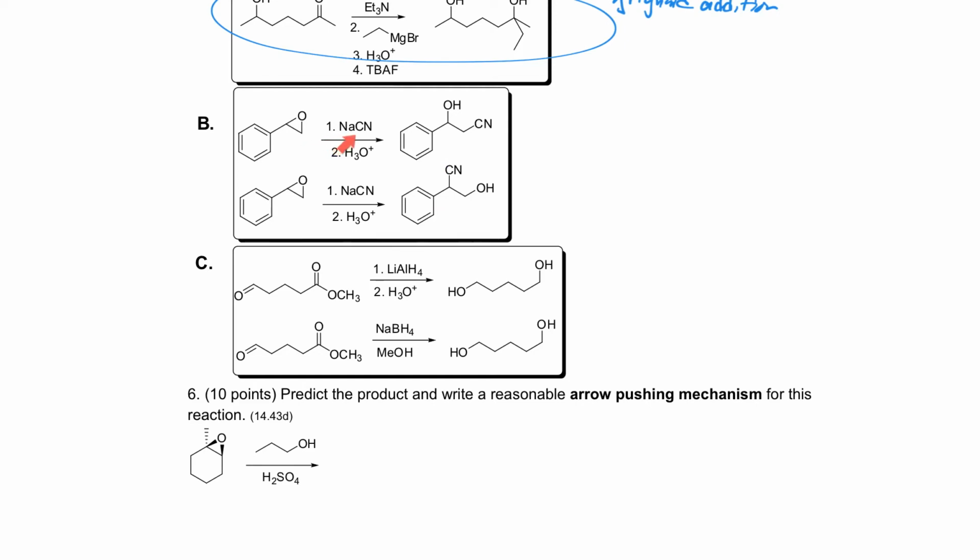This is a strong base and strong nucleophile. Better nucleophile than a base, but we're not doing these under acidic conditions. So we would expect the strong nucleophile to attack at this carbon here, thereby putting the cyanide right here as it is on the top.